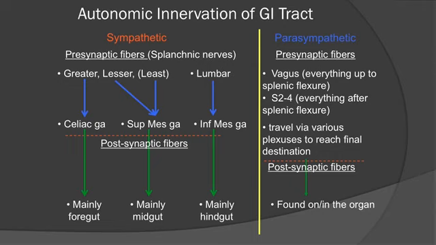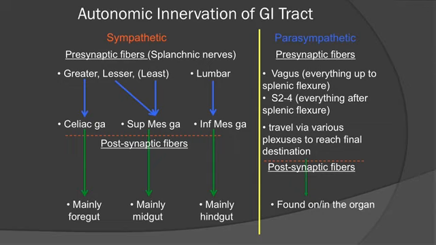Now, if you remember what ganglia are, that's just the place where the cell bodies of the postsynaptic fibers are found. And so these presynaptic fibers are going to these ganglia and they're synapsing with the postsynaptic fibers. If they're going to the celiac ganglion, they're going to mainly foregut structures. If they're going to the superior mesenteric ganglion, they're going mainly to midgut structures.